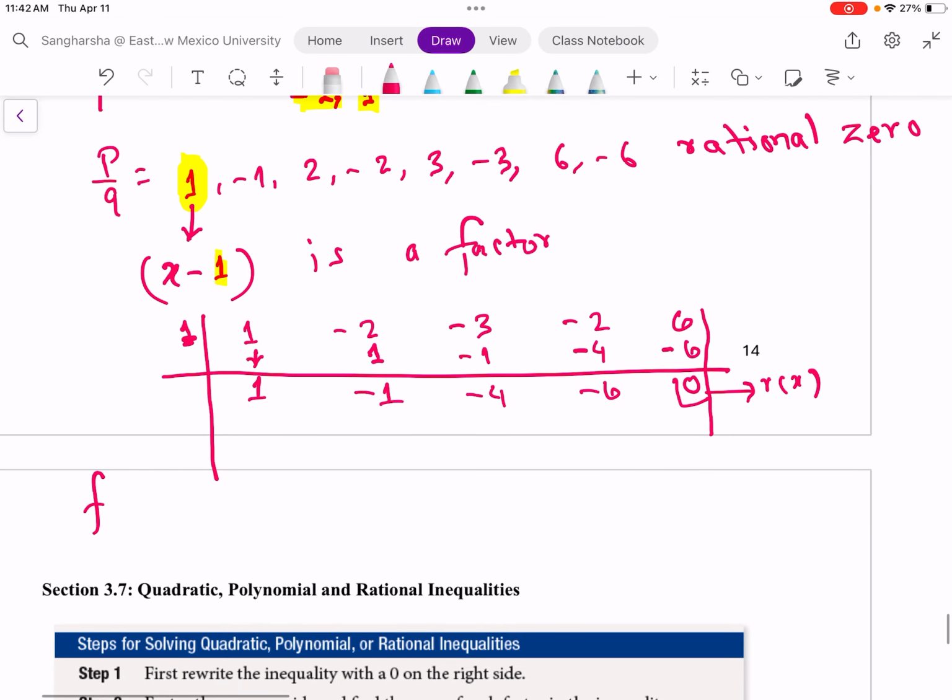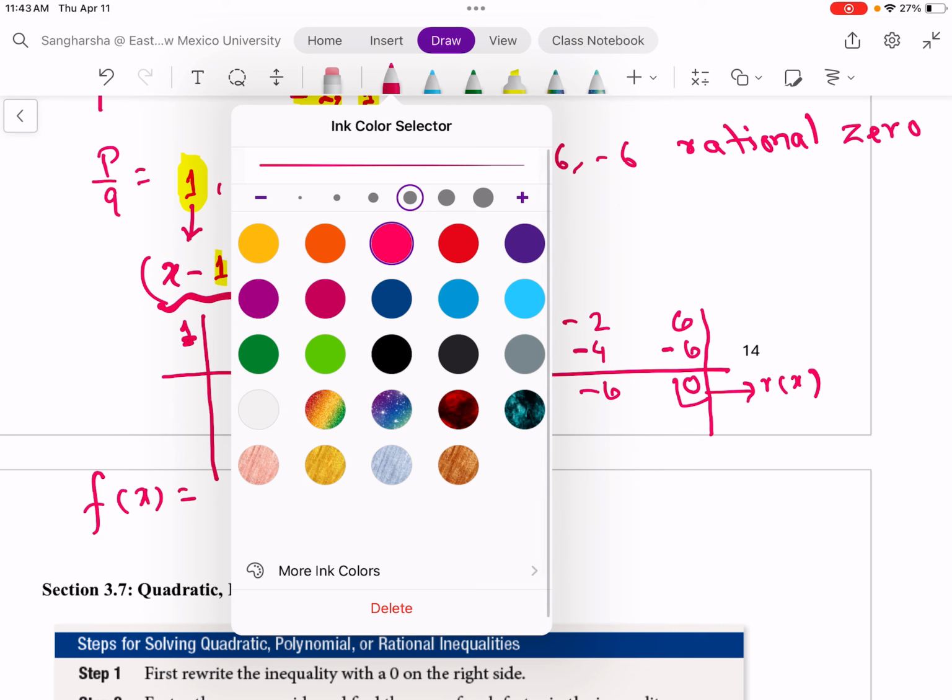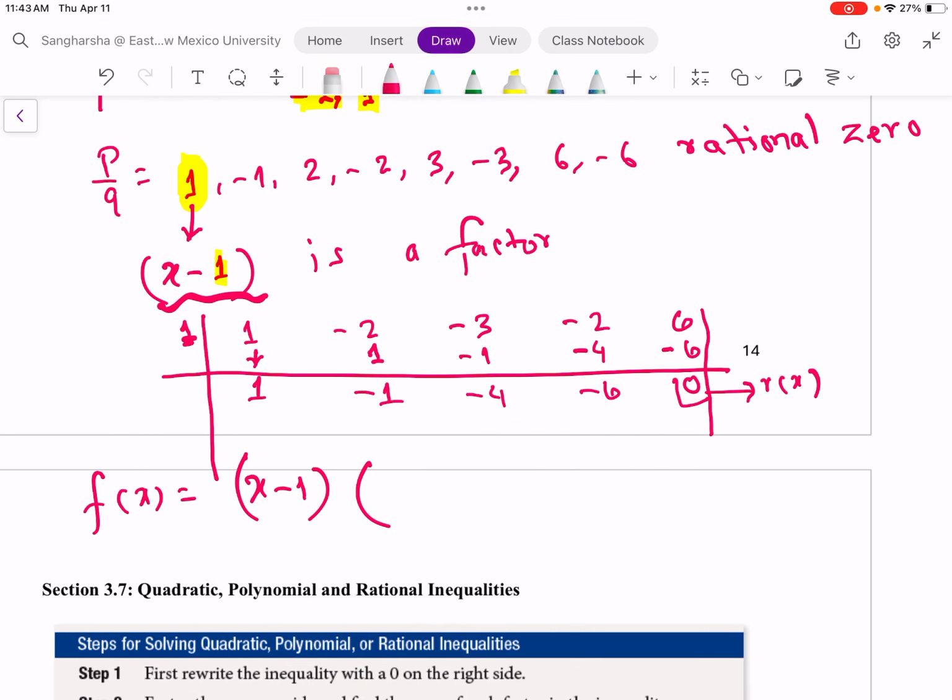So we can rewrite our function f of x as the divisor x minus 1 times the quotient. Okay, what will be the quotient here? So we need to know the degree of the quotient. The degree of the function is 4. What will be the degree of the quotient? 4 minus 1, 3. So the degree is 3.